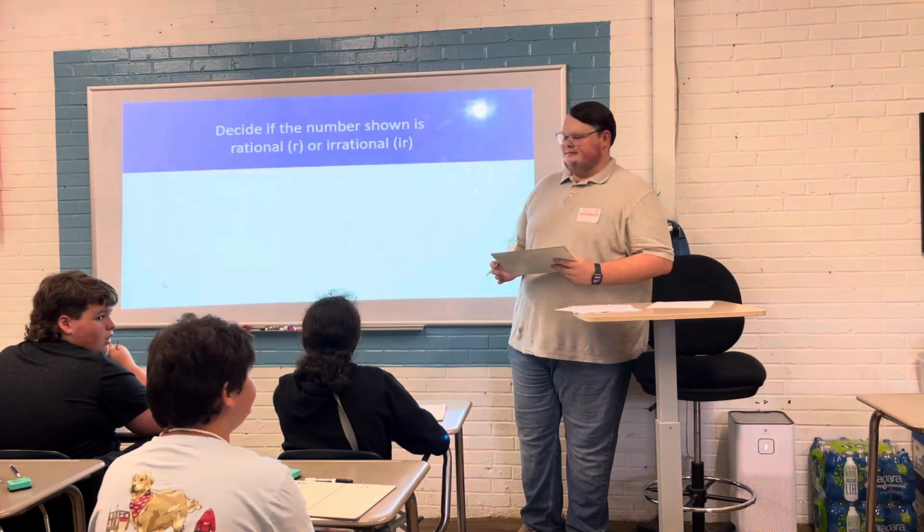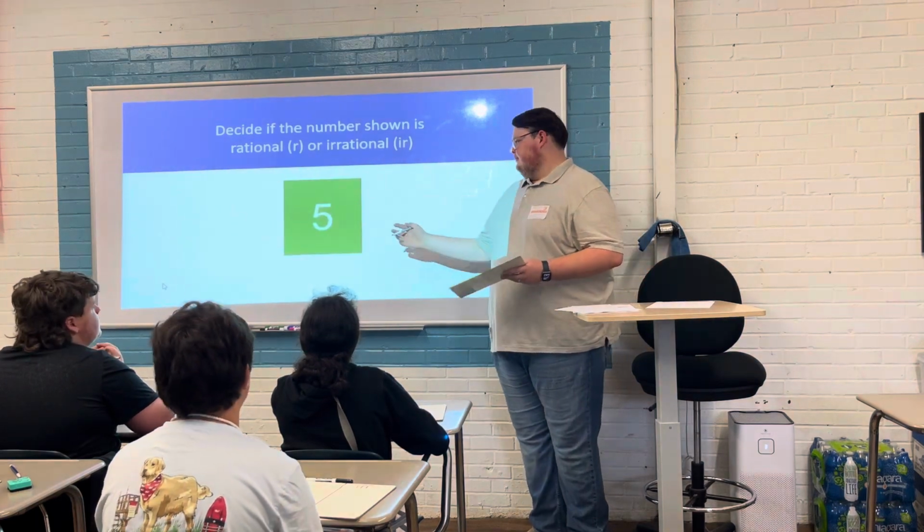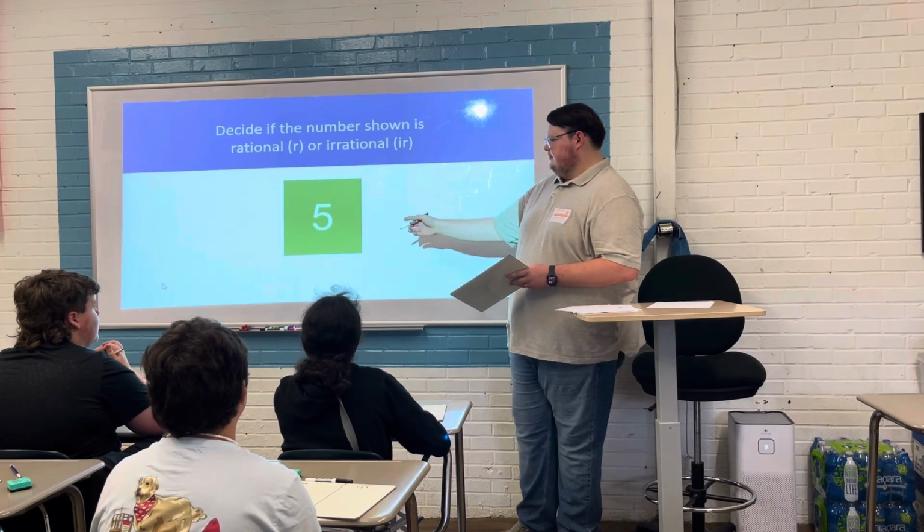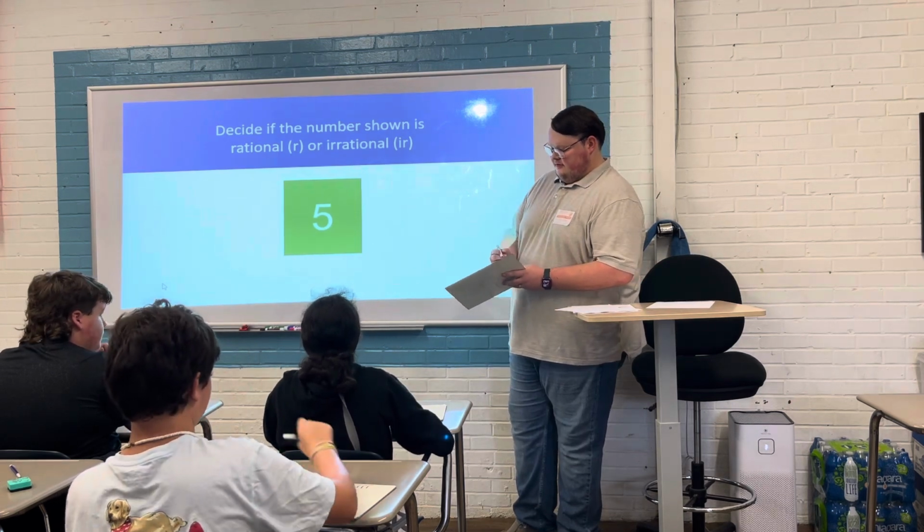You go to the next one. So we're going to decide together whether the number it shows goes under rational or irrational. So that's array with 5. Put it under what we think it goes under.